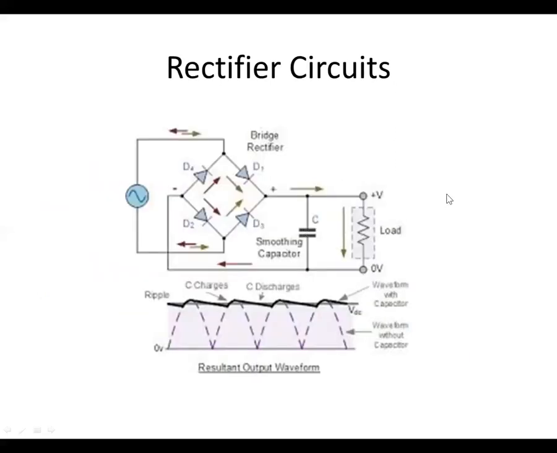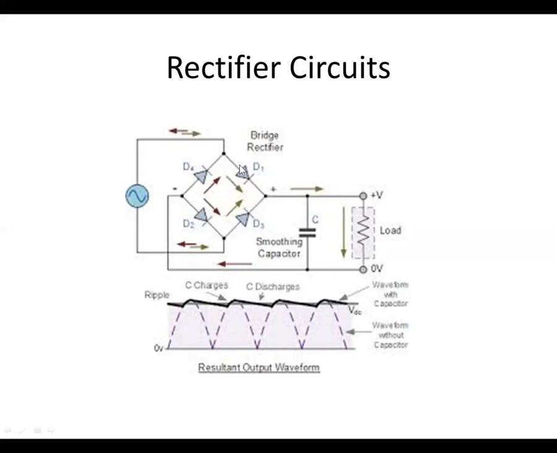We'll take a look at rectifier circuits and where you might see these. This is a fairly typical linear power supply design where you have AC voltage. It could be 120 volts, but there will be a step down transformer usually to get it down in the 12, 20 volt range. And if you recall, we looked at a bridge schematic symbol that was 4 diodes connected in a particular way.